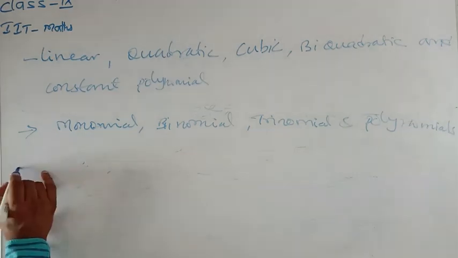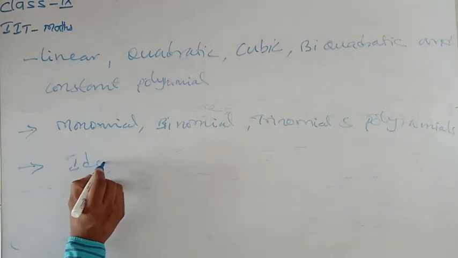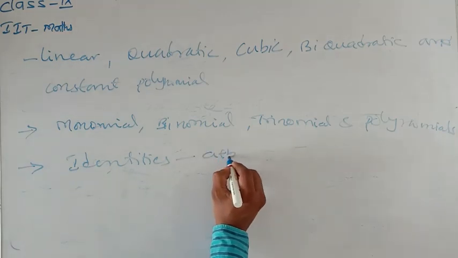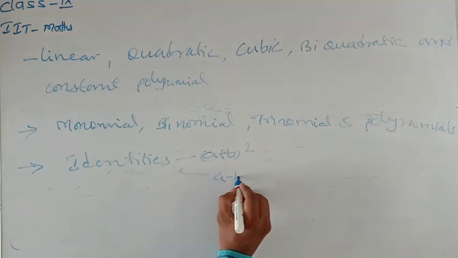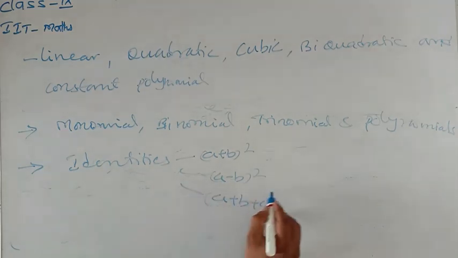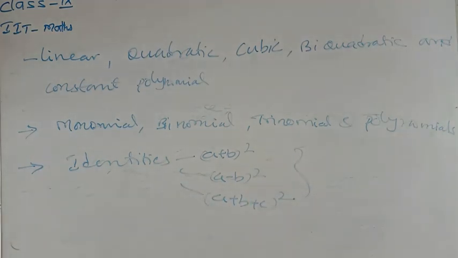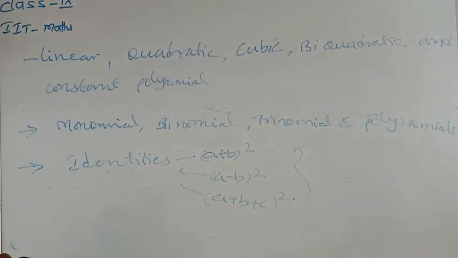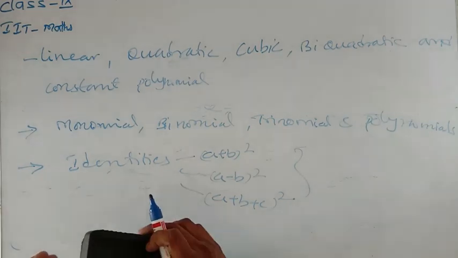Last but not least, we studied the identities, that is (a + b) whole square, (a − b) whole square, (a + b + c) whole square, and so on. So children, based on this, I will give you a worksheet that you have to do. Thank you. Have a great day.